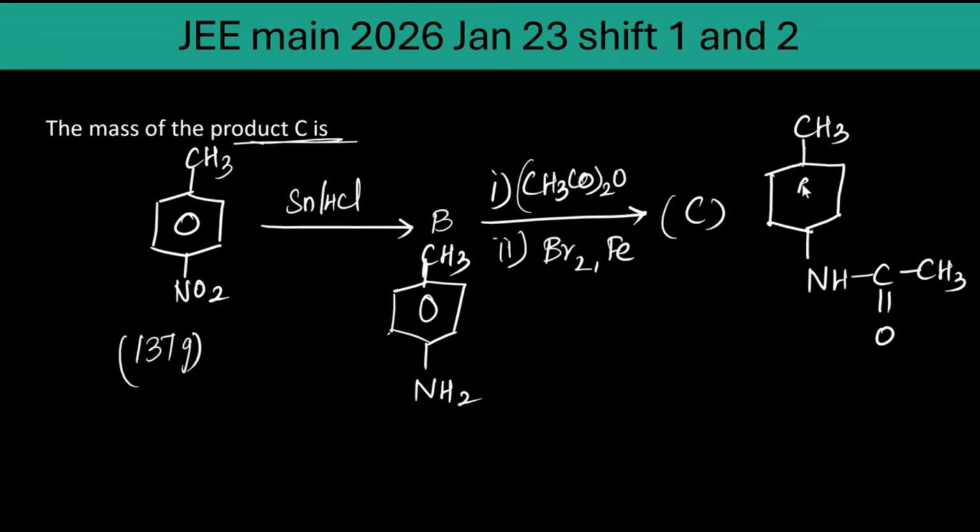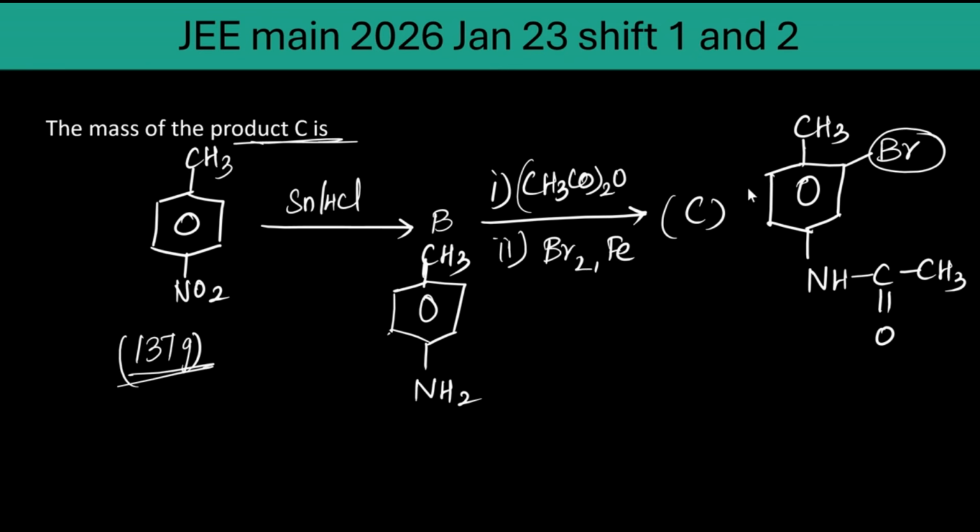And after that I have Br2. CH3 and this both are electron donating groups. This dominates, so I'm choosing the ortho position to CH3. They are asking mass by giving 137 grams of the initial product used. As you can see, it is 1:1.